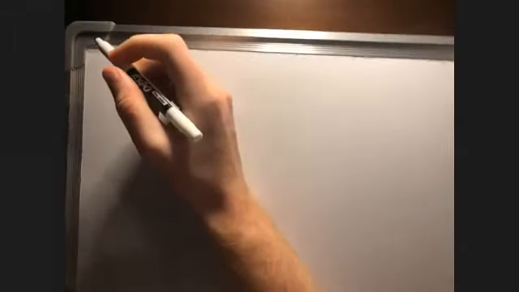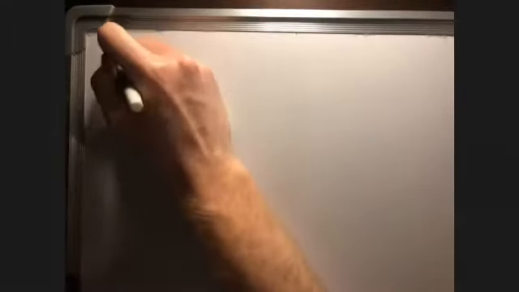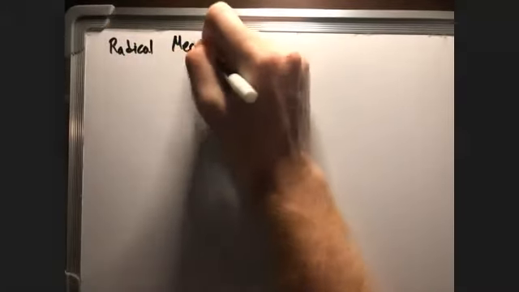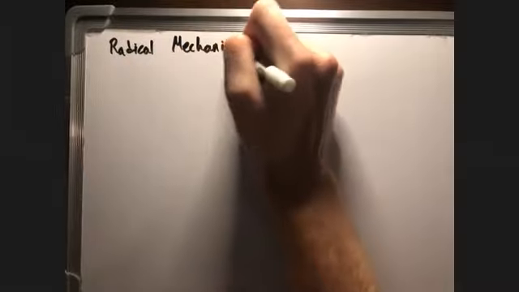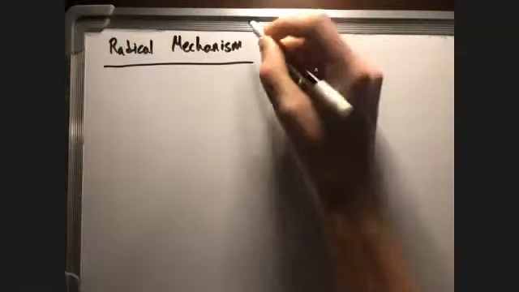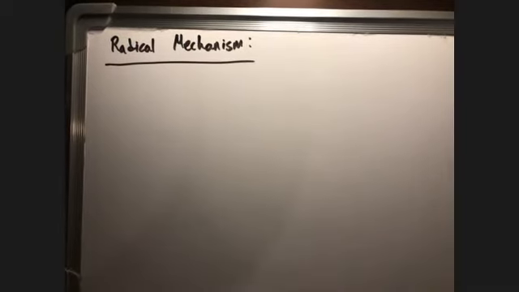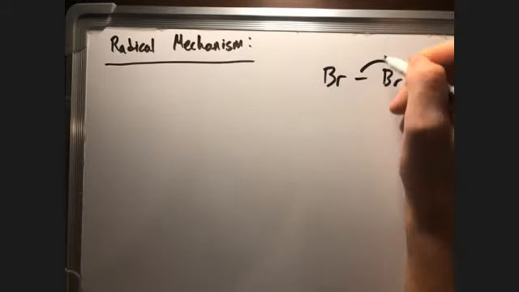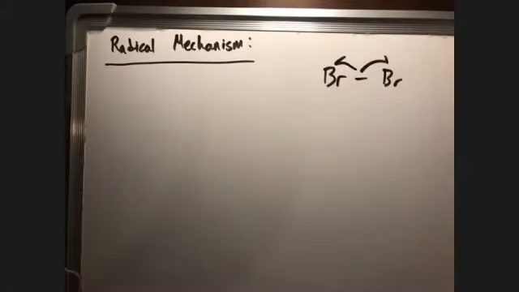So the radical mechanism is significantly more complicated, in my opinion, than the alkene and alkyne mechanisms that we've seen so far. Radical mechanisms have to be defined in 3 steps to explain the type of stuff that's happening, because homolytic cleavage like this is not a natural process.